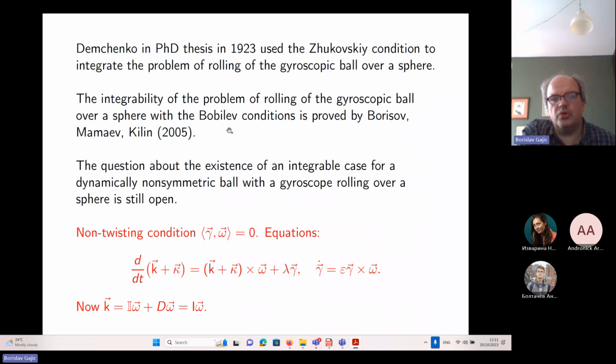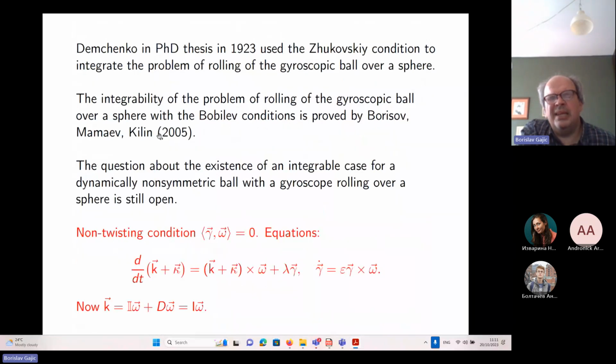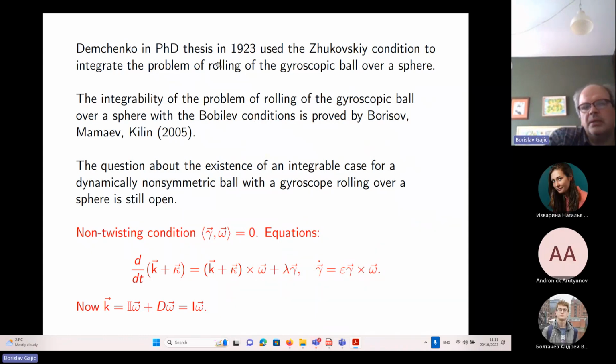So Zhukovsky considered the rolling of a ball over the plane, and then the Zhukovsky conditions for rolling of the ball over the sphere were considered by Demchenko in 1923. This is the main problem considered by Demchenko.